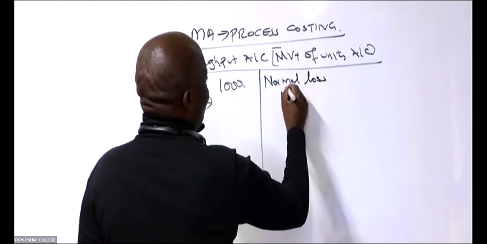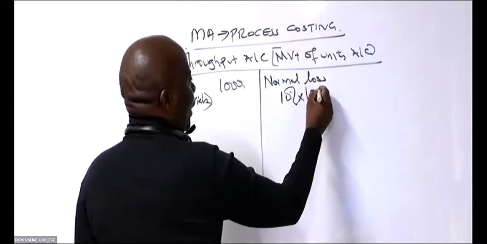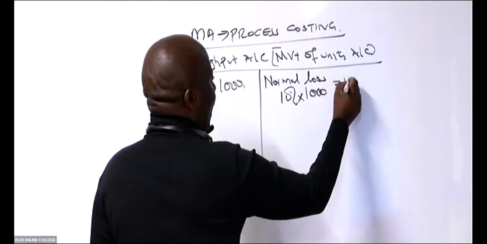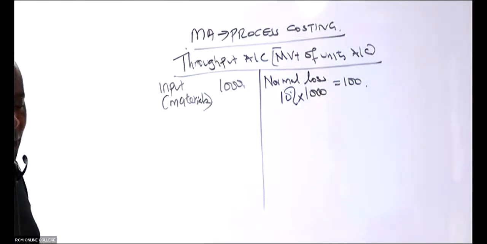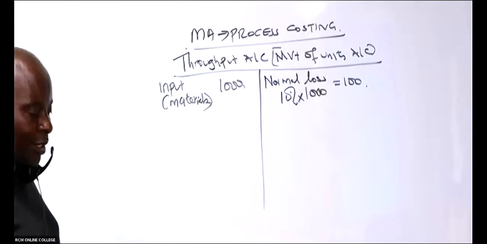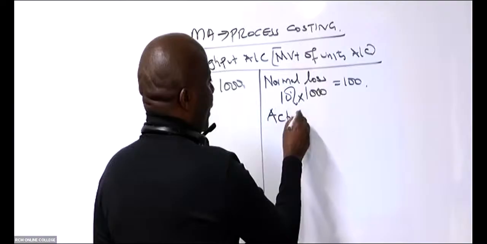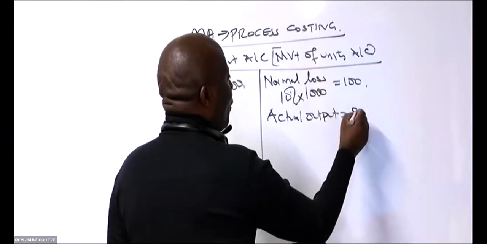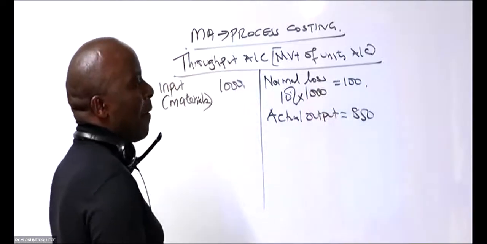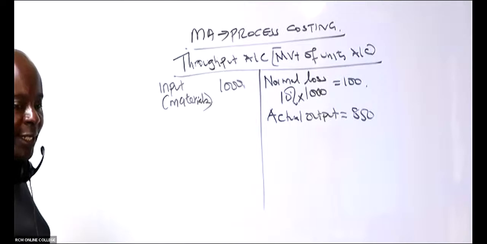Normal loss, they have told us it is 10% of the input. 10% of 1,000 gives us 100. And then, in the same question, they have given us the actual output, a figure of 850. So now I should be able to balance this account.